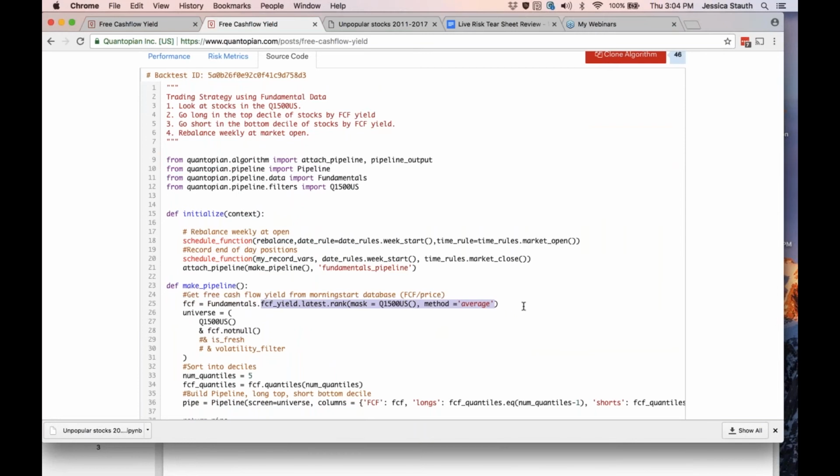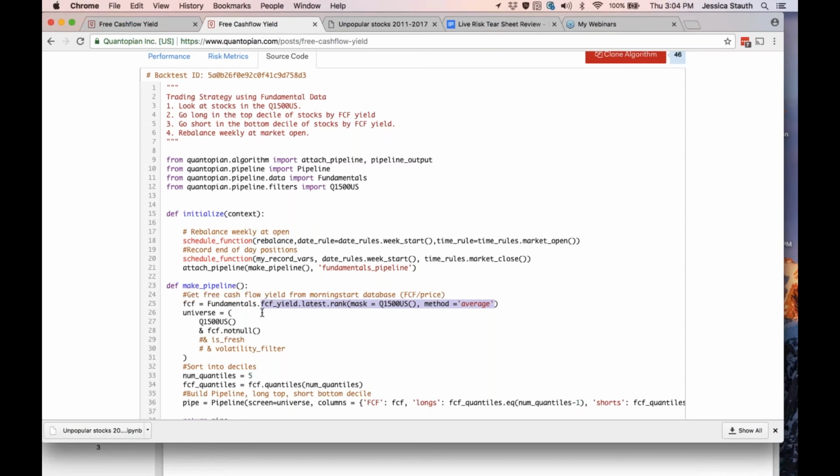So Ben put together a free cash flow yield strategy, which is really cool, right? It takes a field out of the Morningstar fundamental database. I went and double checked, and if you look at the source code, he's grabbing the free cash flow yield latest ranked out of the Morningstar fundamentals database.